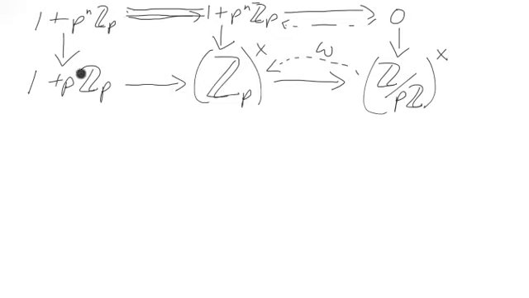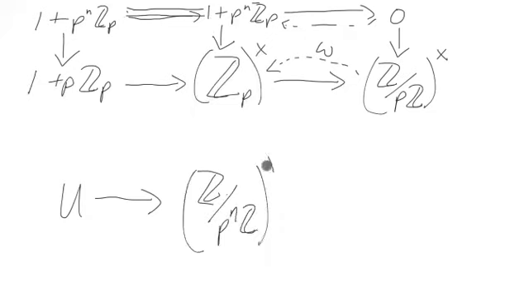So that split exact sequence ends up being, in this case, this modded out by that, let's just call that U. And then over here, when we mod out that, that's simply going to be like modding out by p to the n. So it's simply going to be Z mod p to the n Z in the group of units. And then over here, it's just going to be Z mod pZ cross.